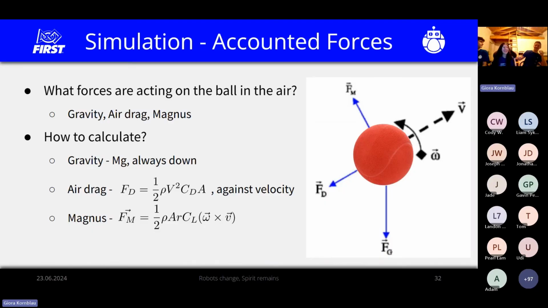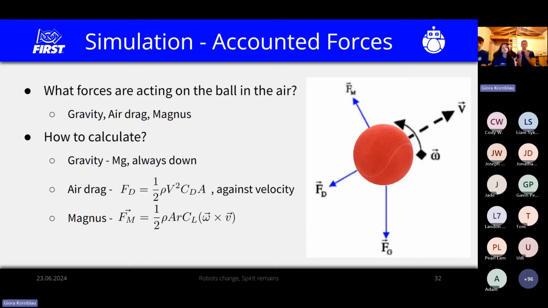Anyway, gravity is a force that always acts down. This is the force that causes the trajectory to be parabolic, and you need to always account for gravity. Other than gravity, there's air drag and something called the Magnus force.